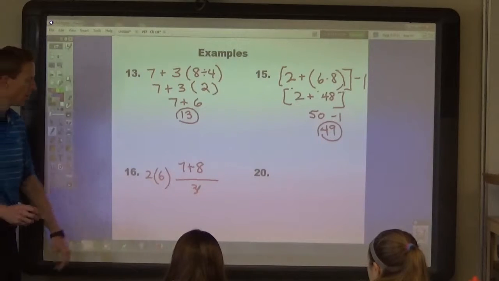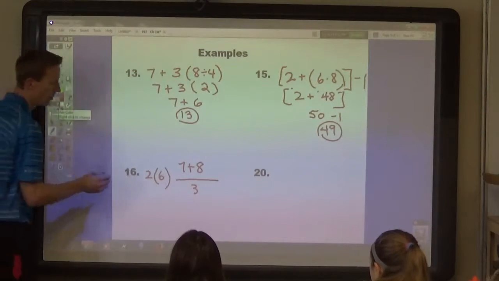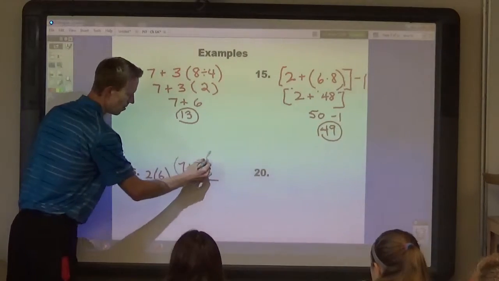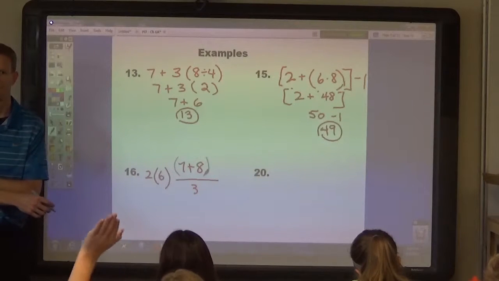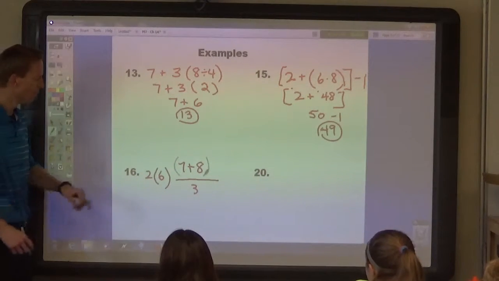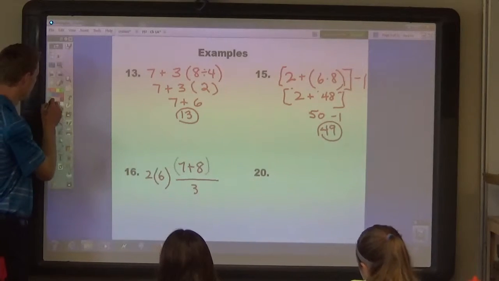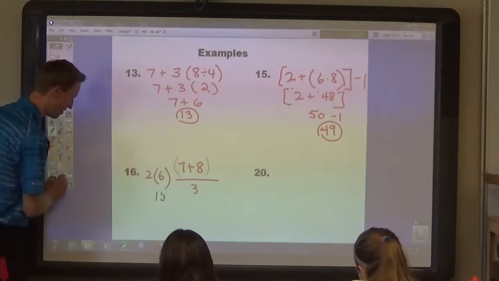Now, what should we start with? Where should we start? Really? You can start with the multiplication. This is 12.